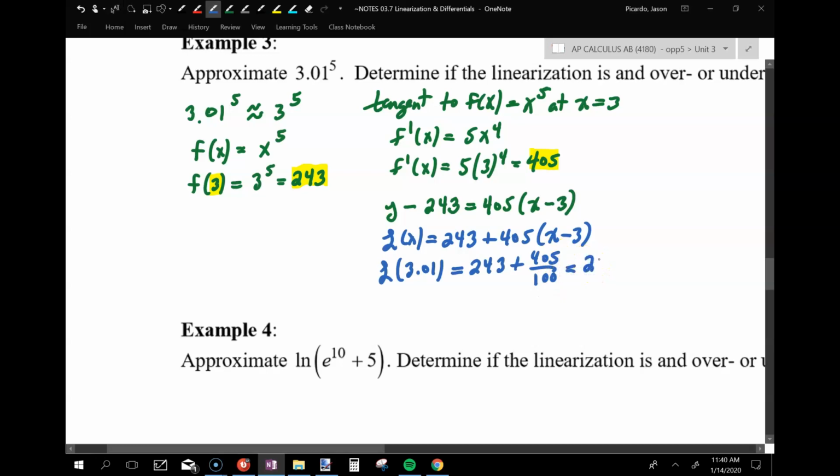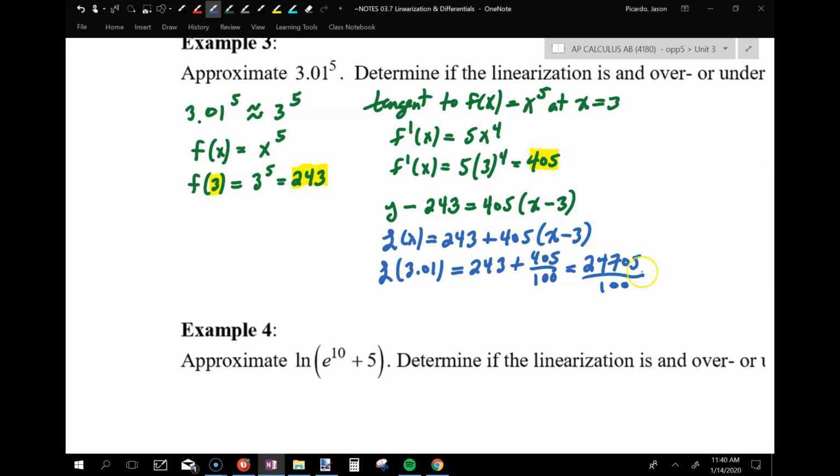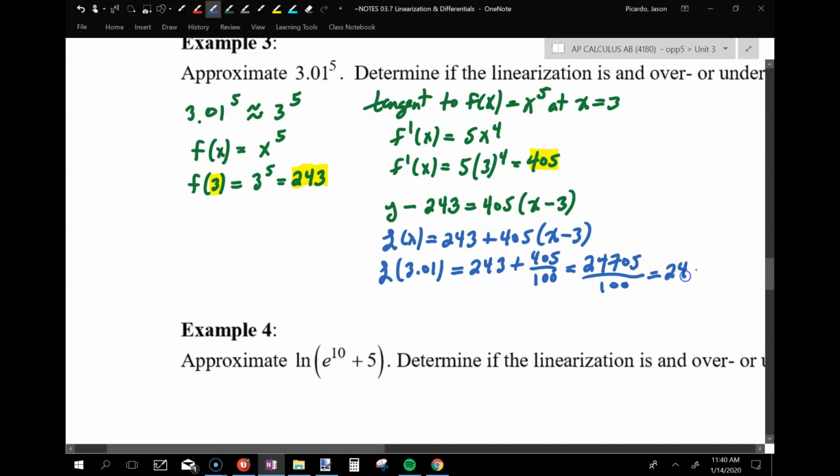24,705, right? Over 100? Which is the same as 247.05.